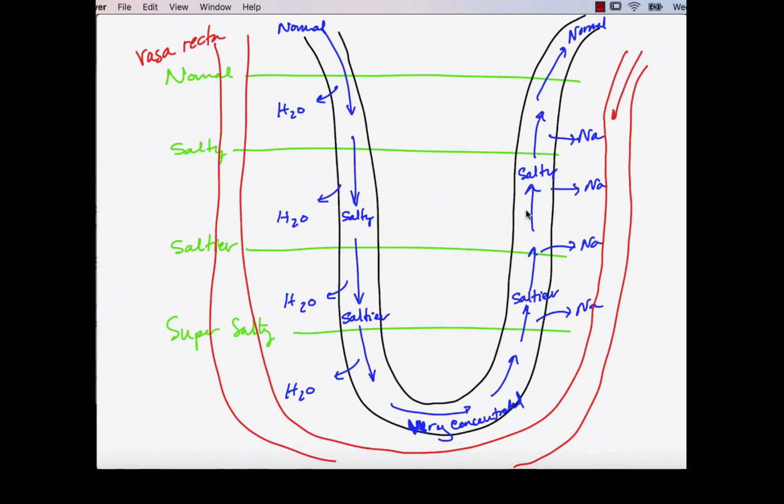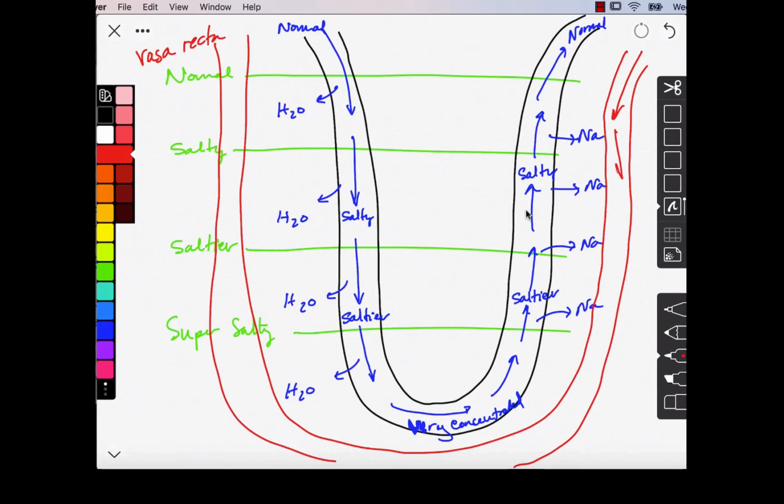The vasa recta goes in the opposite direction of the loop of Henle, and as the blood is flowing down into this saltier area, the blood now wants to equilibrate with the surrounding area. It's going into a saltier area, that means it wants to become more salty. So it sucks up this salt that was left off by the loop of Henle.